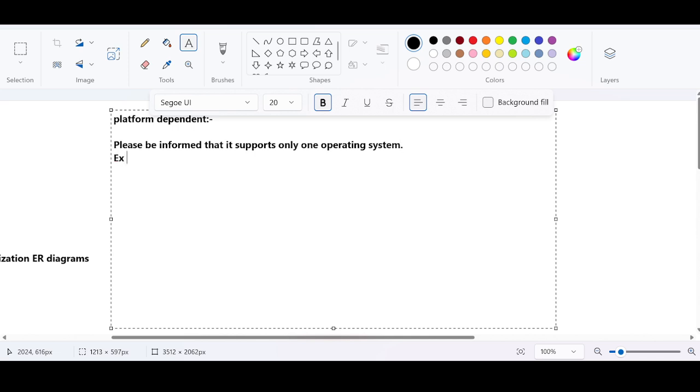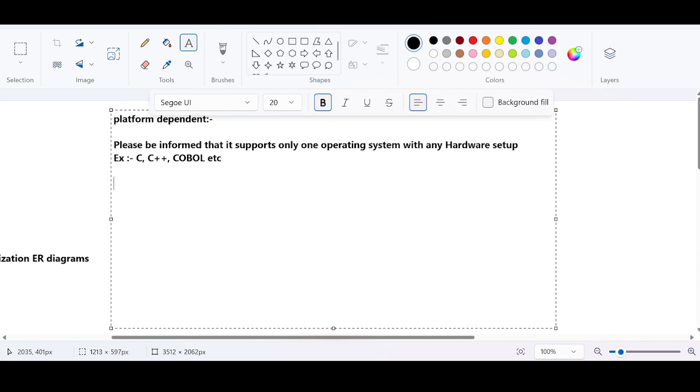Examples: C programming language, C++, COBOL, etc. And with any microprocessor or with any hardware setup.